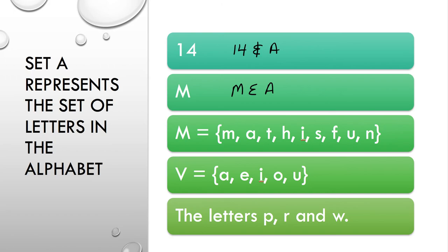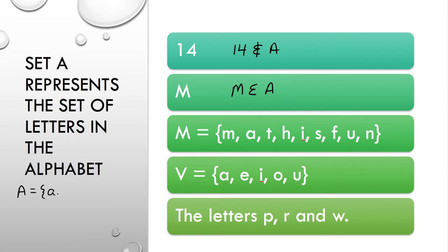Okay, so now we have this set M that has a bunch of different letters that spell out math is fun. So because we're talking about a set, the question being asked is, is that a subset of A or not? So again, think about your set A. Your A contains all of the letters in the alphabet.